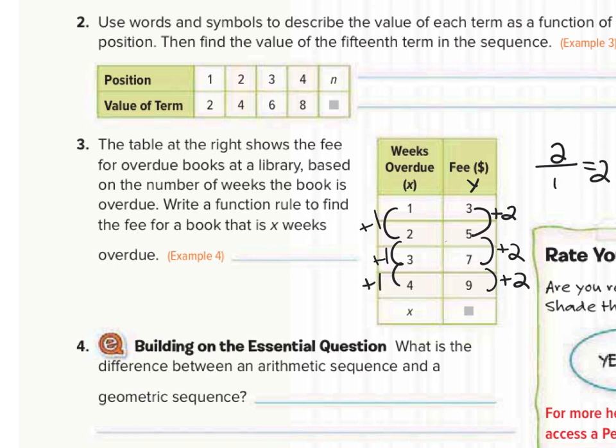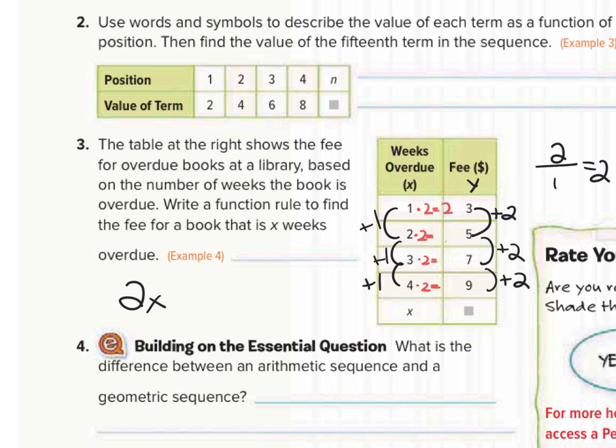So this one again is 2. So the first part of the equation is going to be 2 times x. So whatever you get as your change in y over change in x, you multiply that by the input, which is x, and that's the first part of your equation. So now we're going to multiply by 2 and see what we need to add or subtract as our next part of the equation.